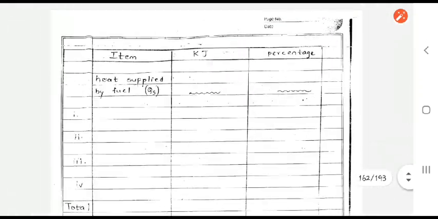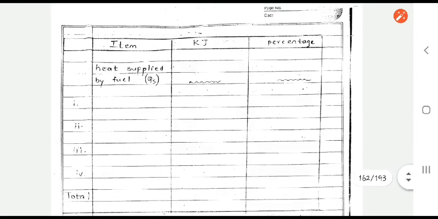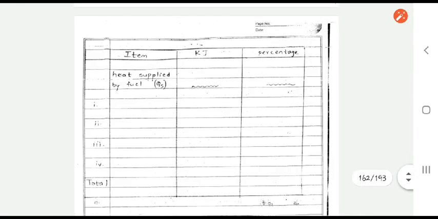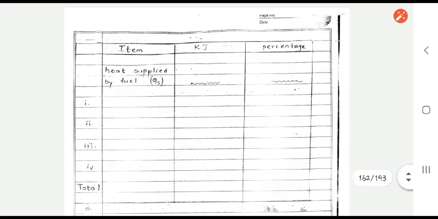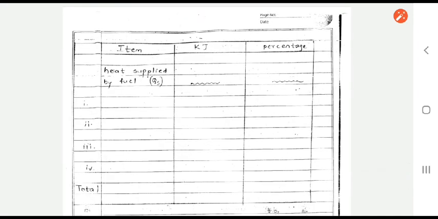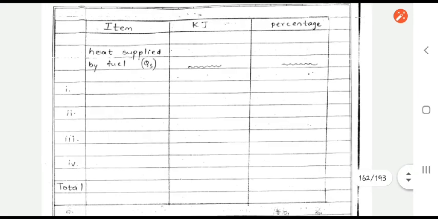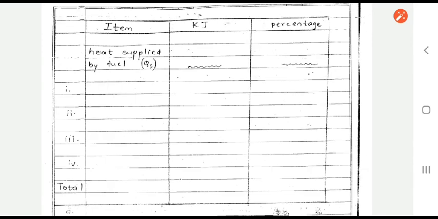Finally we make a table like this, and this table is nothing but the heat balance sheet, where the first column is the item, the second column is kilojoule, and the third is percentage. In the item column, the first value is the total heat supplied by fuel, Qs.